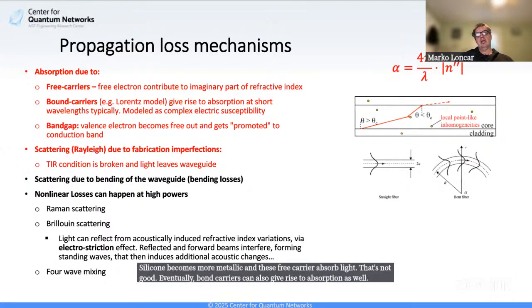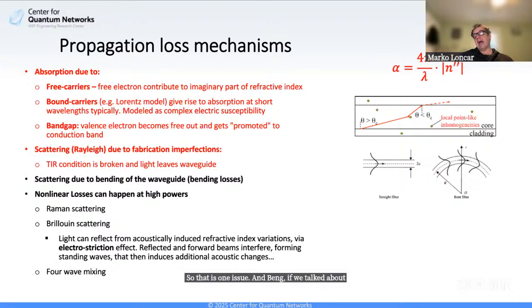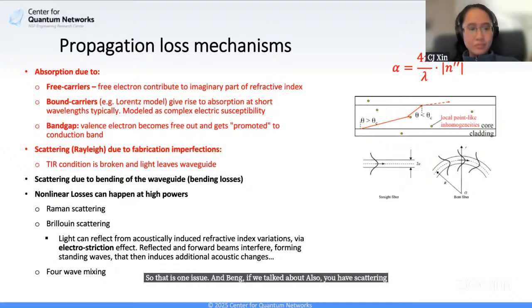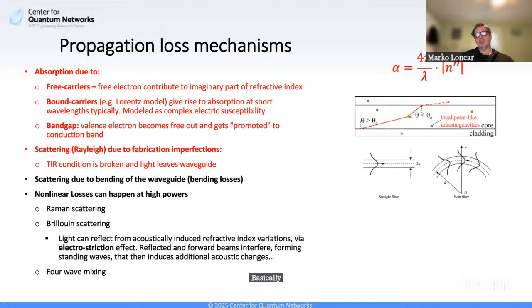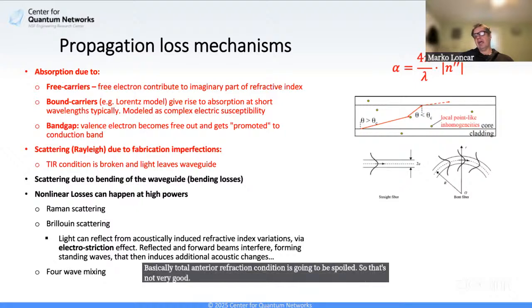So that is one issue, and bandgap we talked about. Also, you have scattering. This is not material related. It is basically the fact that when you make these waveguides, they're never perfect. There are going to be bumps on the surfaces of these waveguides, and light will scatter on these bumps. Basically, the total internal reflection condition is going to be spoiled, which is not very good. If you bend a waveguide, you again spoil the total internal reflection condition, and light can leak out.